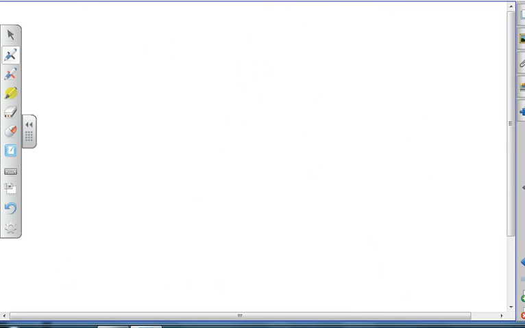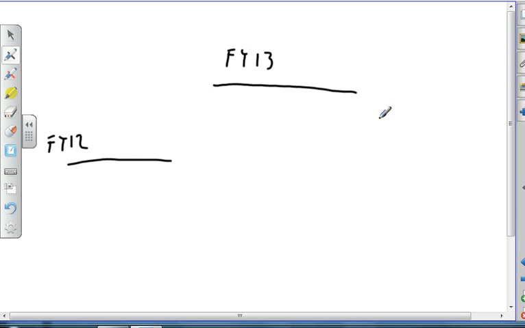All right, now, here is the fiscal year 12 federal budget. Okay, this is the fiscal year 13 budget. And the world's going to end because we only spend that much instead of spending this much.